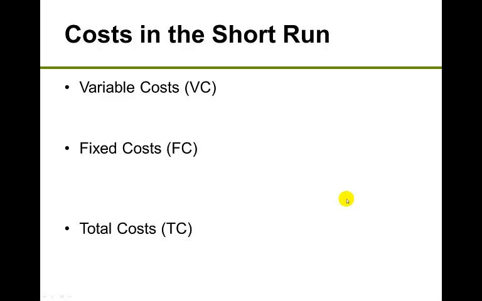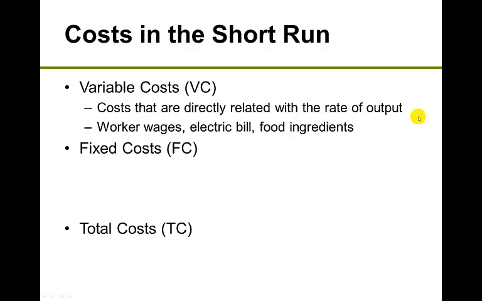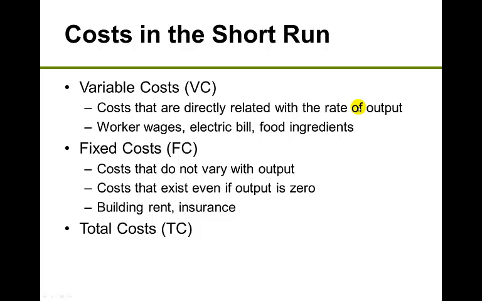Okay, so when firms are in the short run, remember we had fixed and variable inputs. Well, we can change that around to look at fixed and variable costs. So variable costs are basically the costs associated with variable inputs, and these are costs that are going to change with the rate of output, and these are costs that firms can vary in the short run. Fixed costs, on the other hand, are costs that do not vary with output.